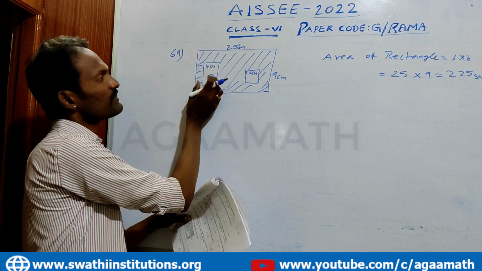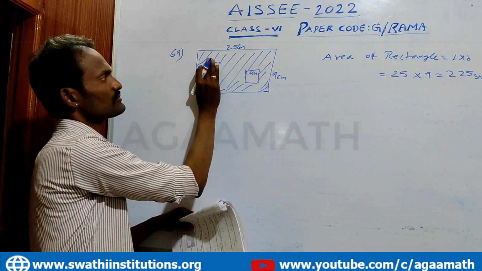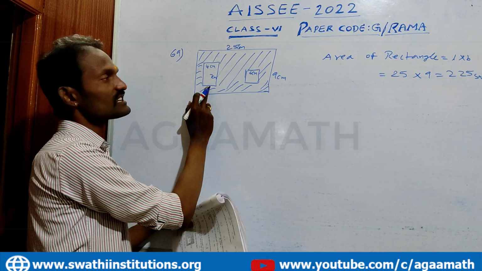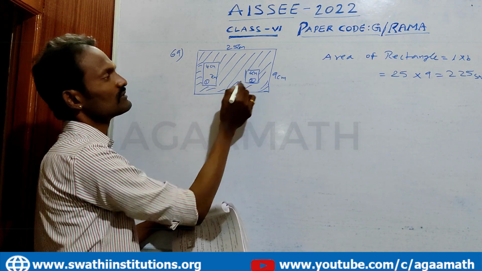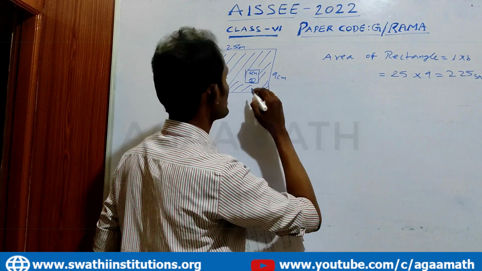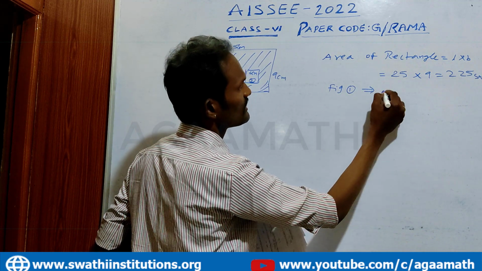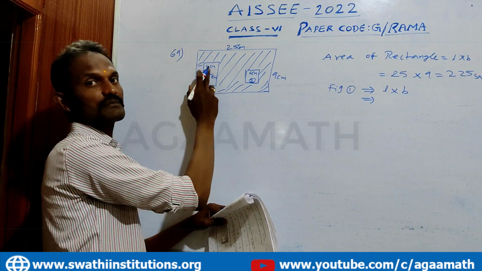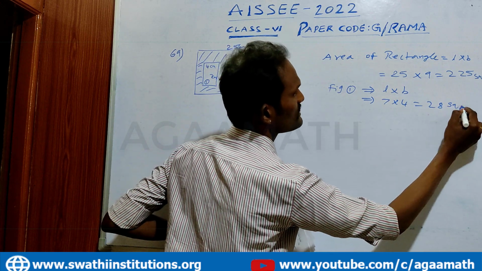Now let us find this part, because from this total, to know the area of the shaded region, we have to subtract these areas. One is in rectangle shape, one is in square shape. Let's name them figure 1 and figure 2. For figure 1, the rectangle, length times breadth, that is 7 times 4, which is 28 square centimeters.